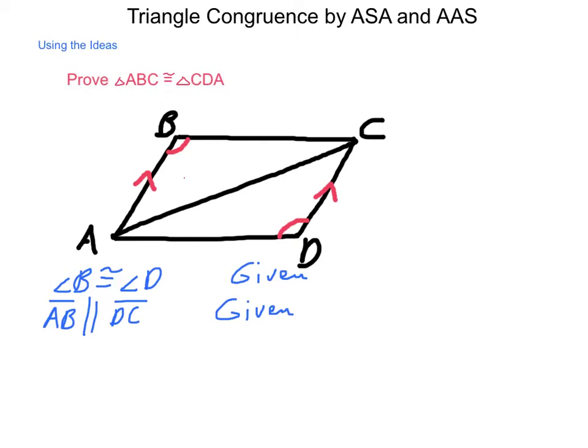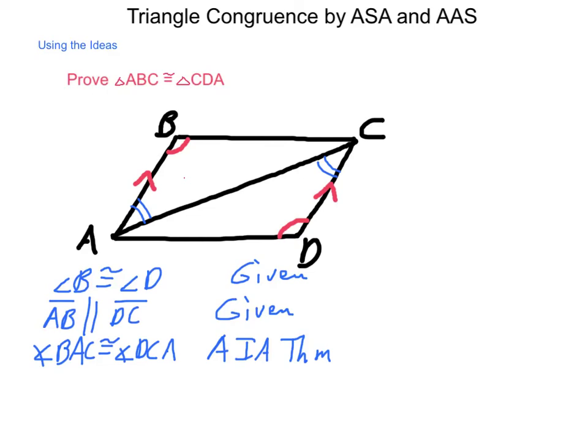Because I have those two given pieces, I can conclude that angle BAC is congruent to angle DCA, which would put here and here, by the alternate interior angles theorem.